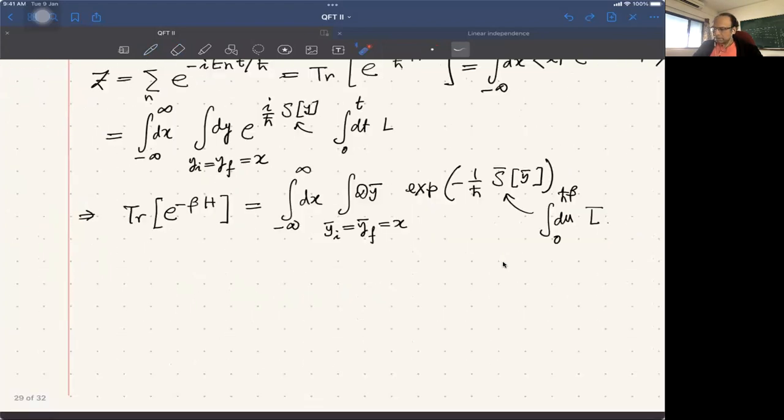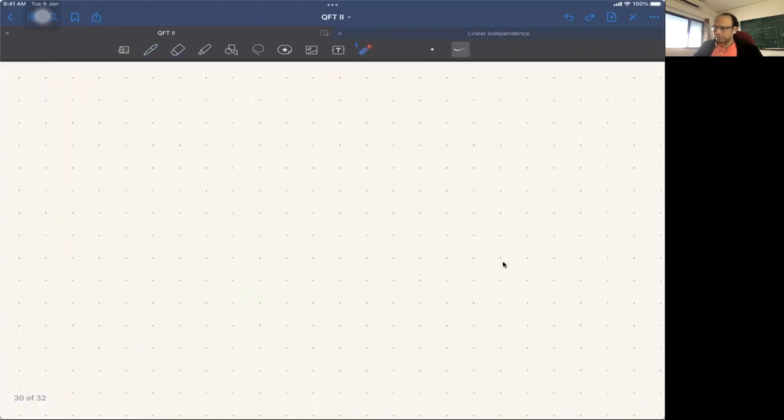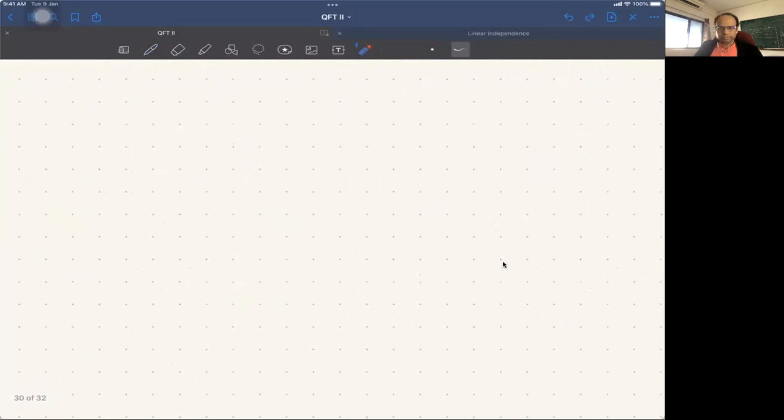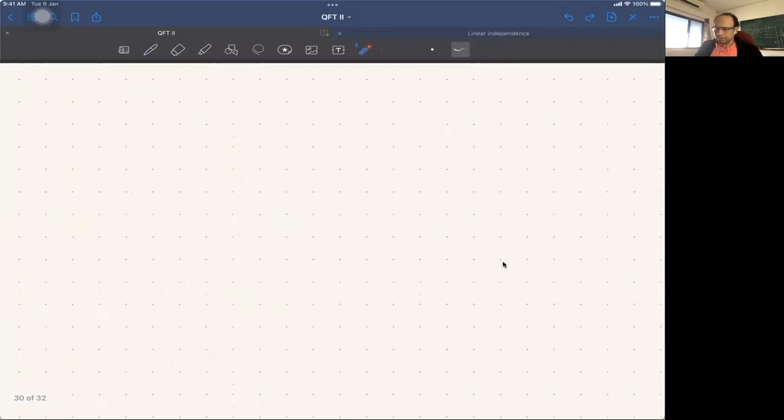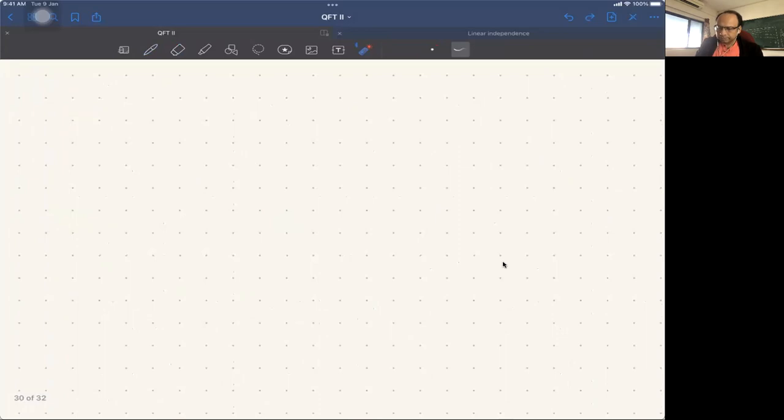Now let us come to the calculation for the path integral for the harmonic oscillator.